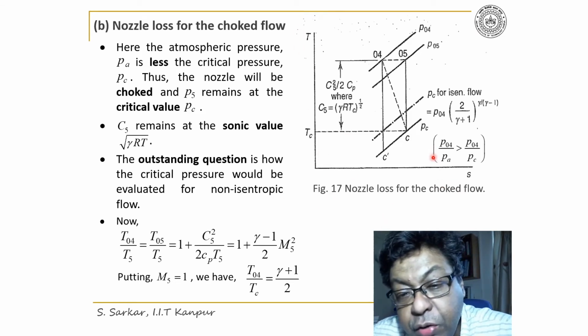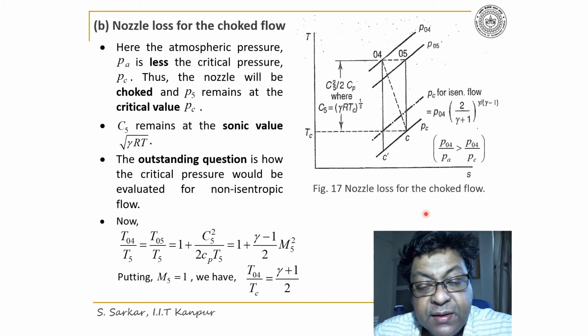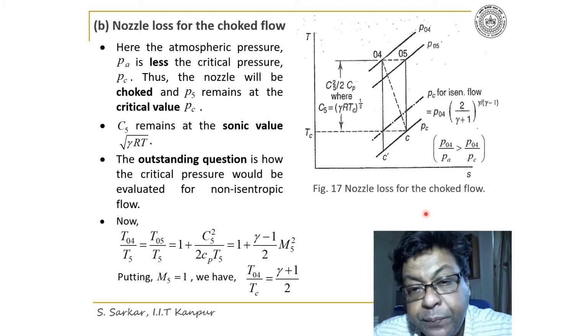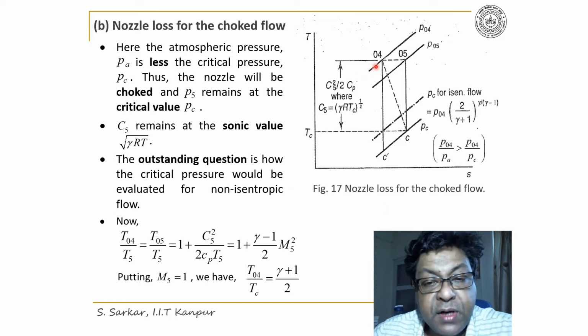For the condition when P04 by Pa is greater than P04 by Pc, that means the atmospheric pressure is less than the critical pressure. Here look, 04 is the state point at the exit of the turbine.